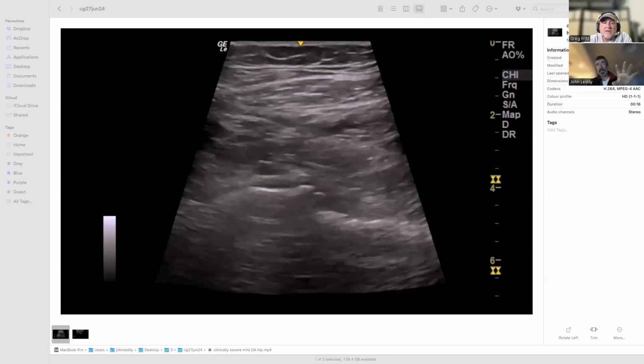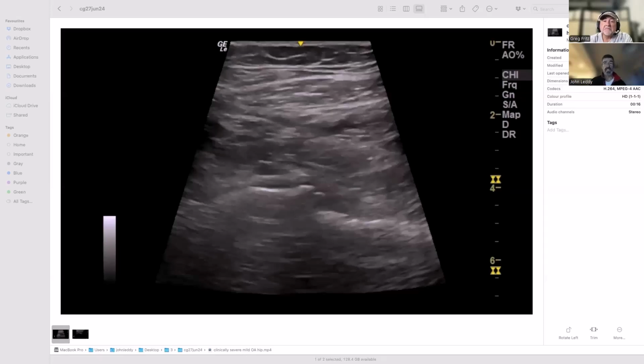That's not specific to this appearance, but it's when the symptoms are not too severe, they can still walk to the shops, they can still get a reasonable light sleep most of the time, even if they get some disturbance. But they're not hobbling into the department and hobbling into my room. And then for some of those patients, they do really well with injections, and they get quite a long period of relief.